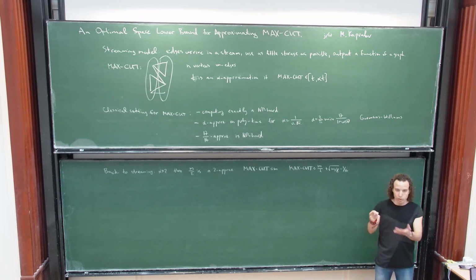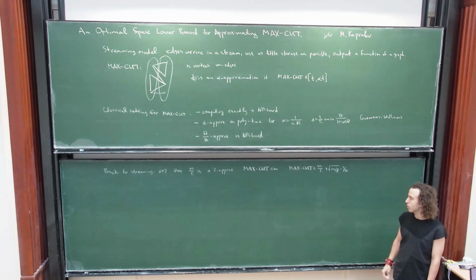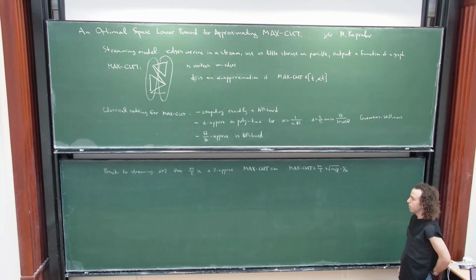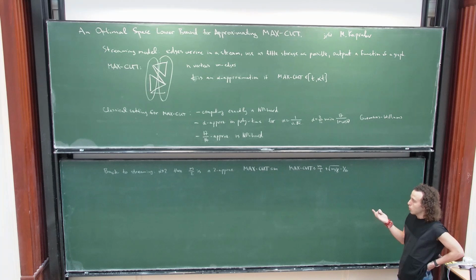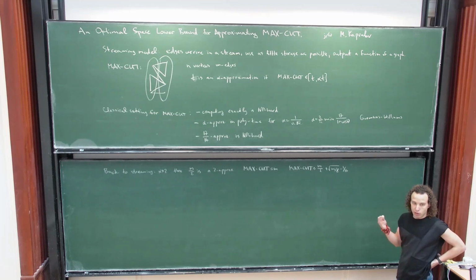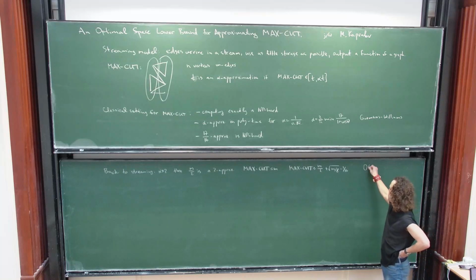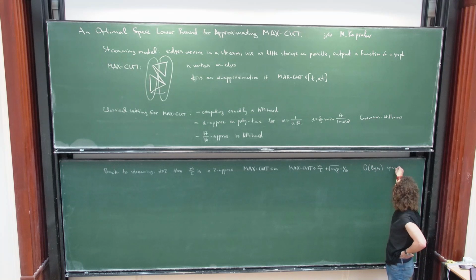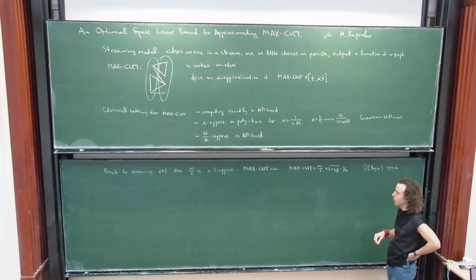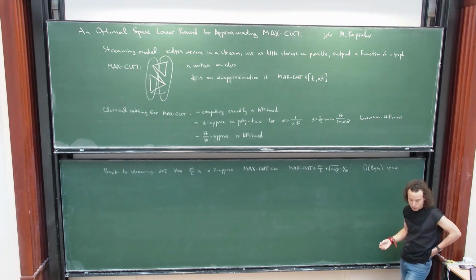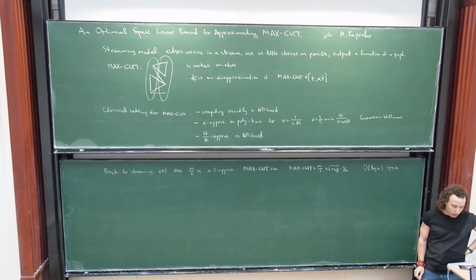You can tweak it a bit above the random thing, but there are graphs with this. Which means that if you only want to do 2 approximation, then you don't need to store that much of the graph. You just count the number of edges, output the thing, and so it's going to be log n.